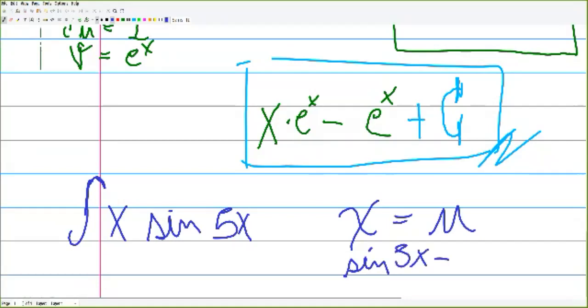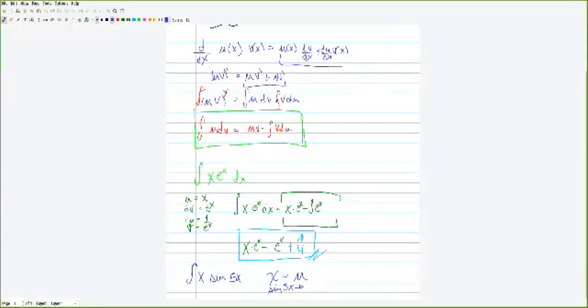And sine of 5x is going to be our dv. Therefore, 1 is going to be our du, and minus cosine of 5x is going to be our v. With this, we want to be very sure.